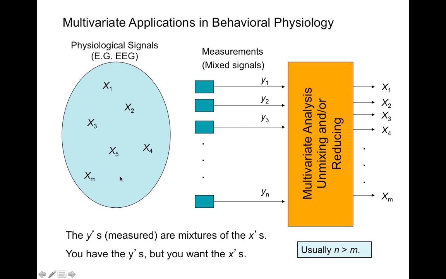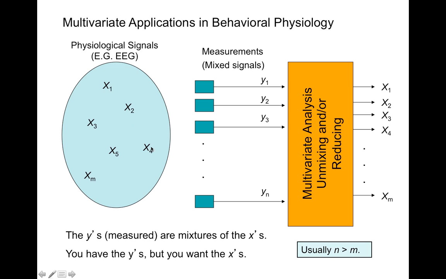So here's a physiological example. We've been talking about the EEG, and as you know, EEGs tend to be measured as multi-channel systems. In fact, the data set that you were able to analyze had 60 channels. The reality is that there are probably some physiological signals, as represented by this circle on the left, which represents the brain.